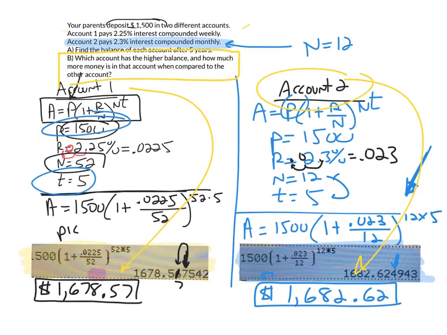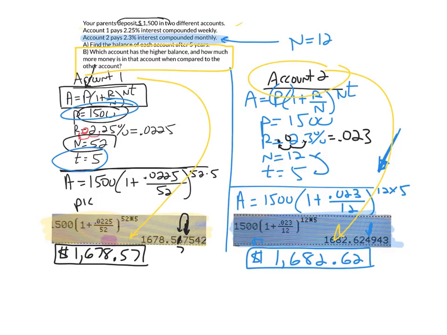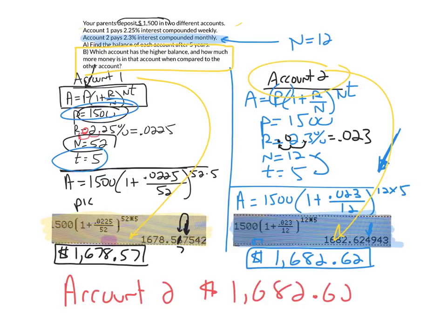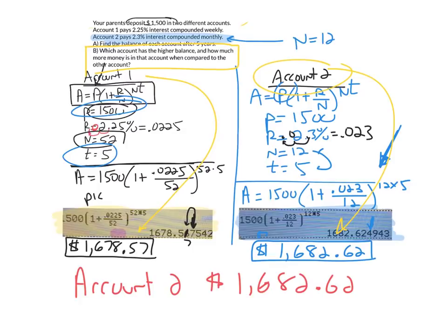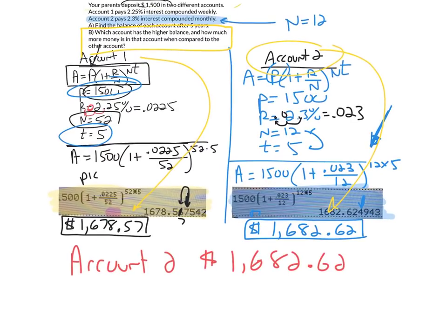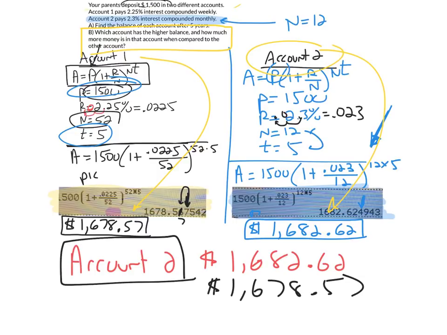Well, it looks like the answer to that is going to be account 2, because account 2 has 1682.62. Account 1 only had 1678.57. So which account had the higher balance? The answer to that would be account 2.